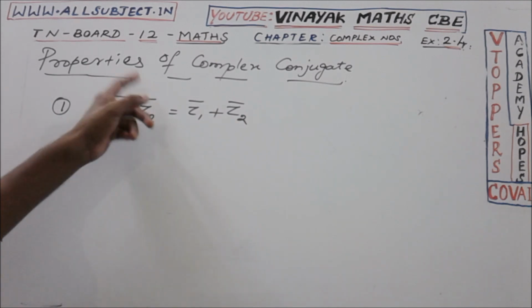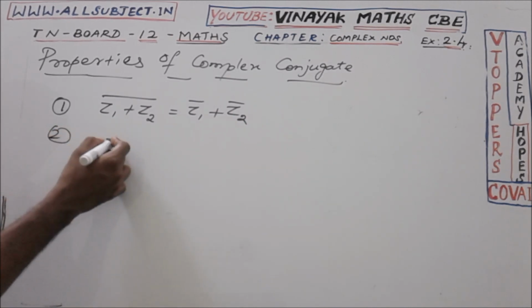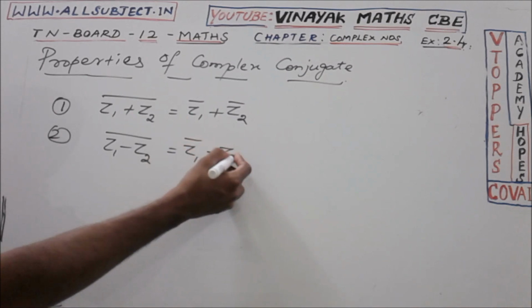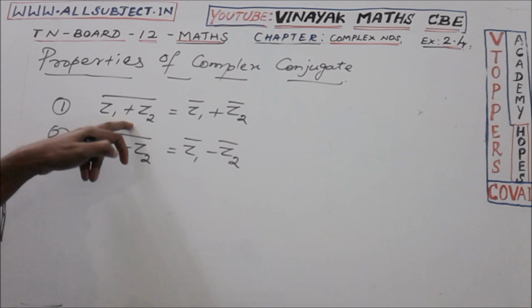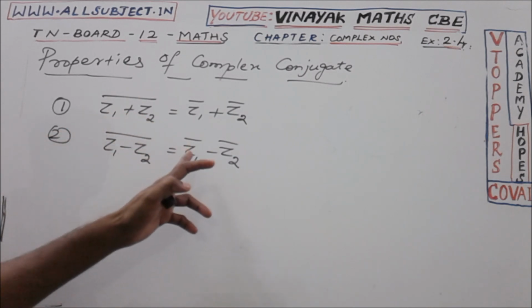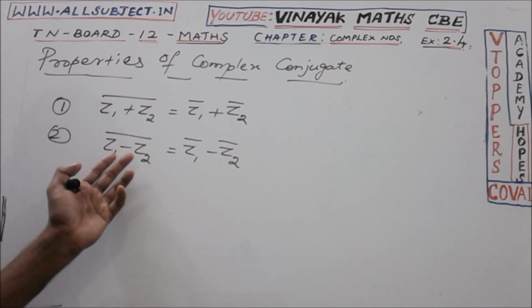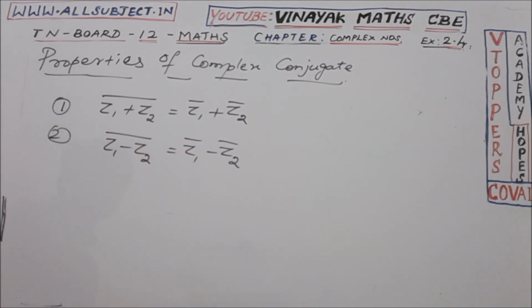That is Z1 plus Z2 whole bar equal to Z1 bar plus Z2 bar. The second one is Z1 minus Z2 whole bar equal to Z1 bar minus Z2 bar. The conjugate of the difference of two complex numbers is equal to the difference of the conjugates.